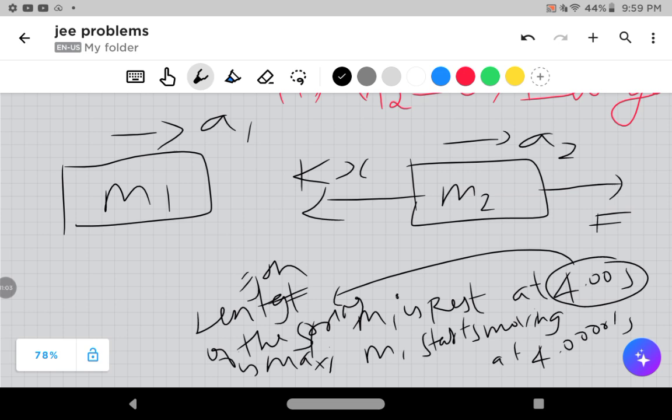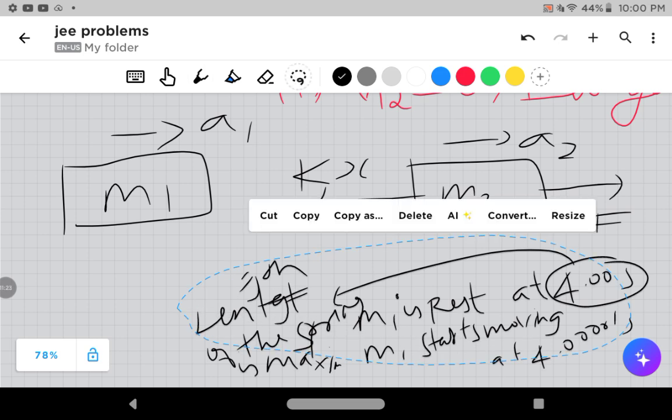You can get it. Until M1 is at rest, and in the next frame M1 starts to move, the previous frame is the maximum elongation of the spring. I guess you can get some idea now.